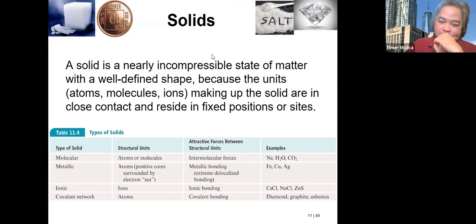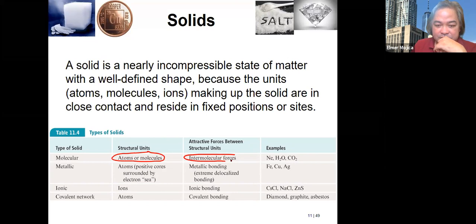So let's look at these structural units. A molecular solid, like water, is made up of atoms and molecules, and what holds them together are just the IMFA that we have discussed. The nature of the structural units and the attractive forces, of course, affects the properties of these types of solids.